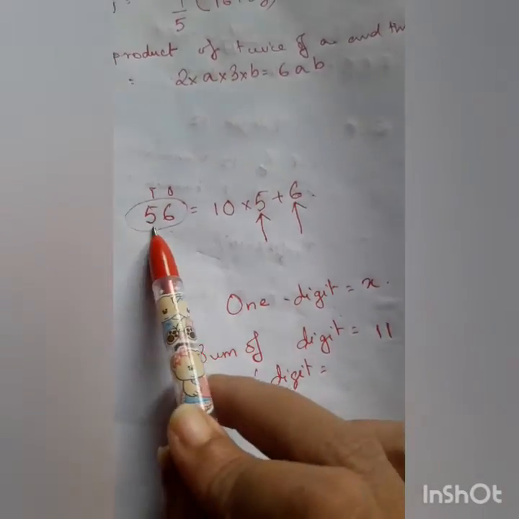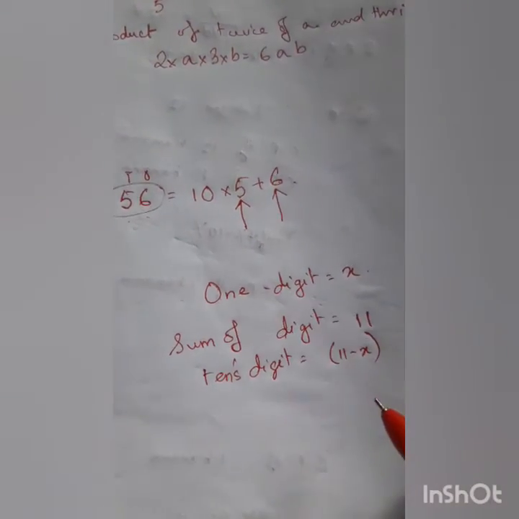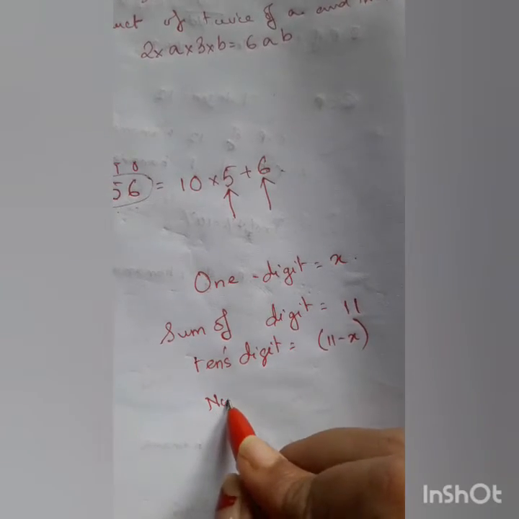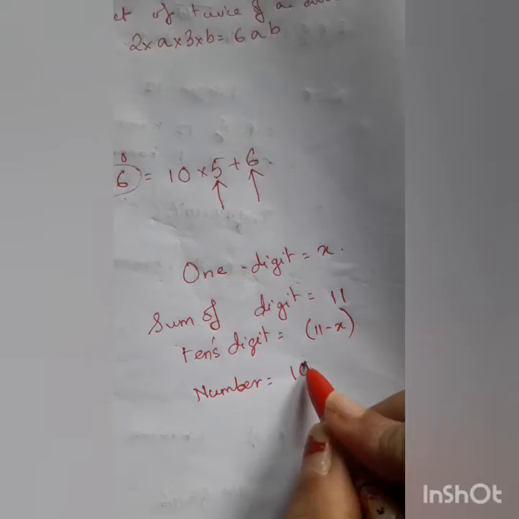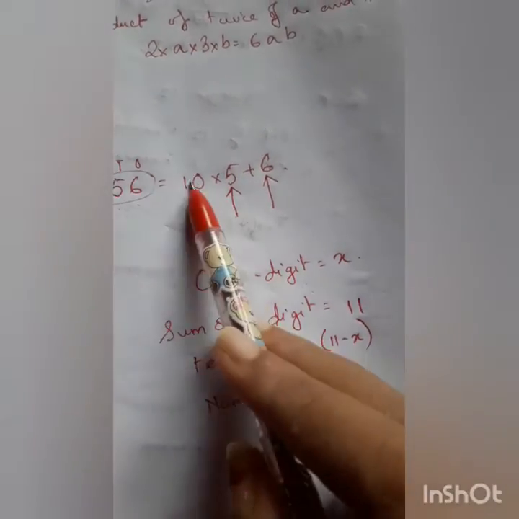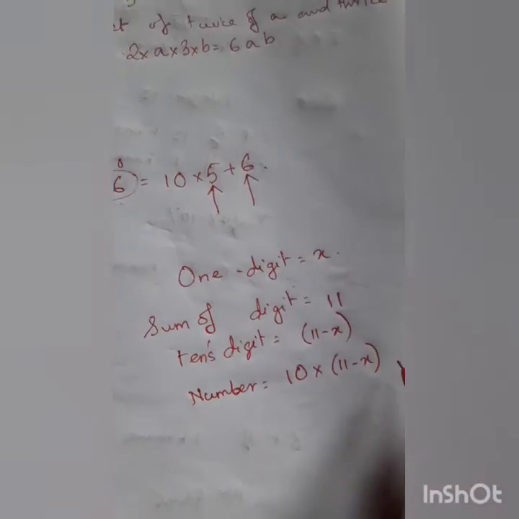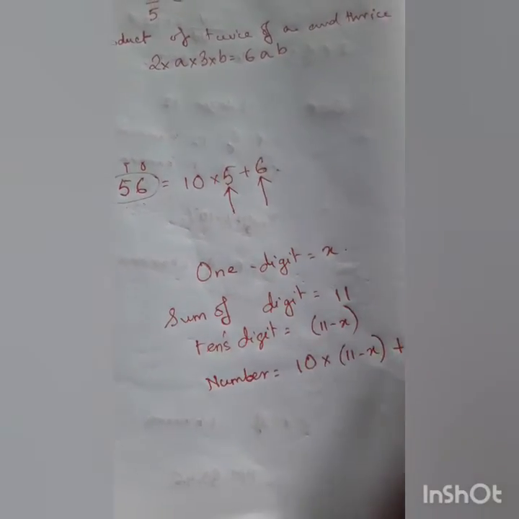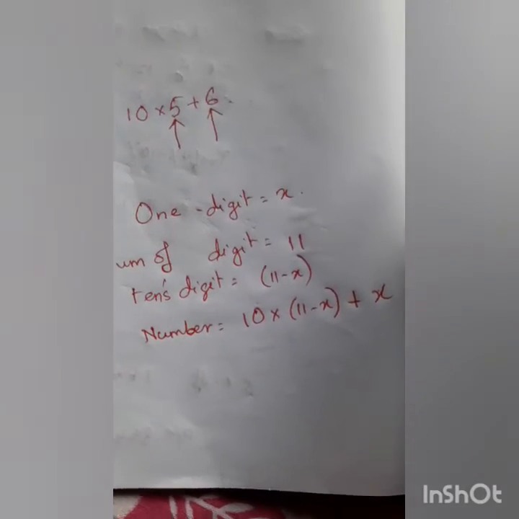Since sum of the digits is 11, if this is x, this will be 11 minus x. Alright. So the number will be 10 into tens digit. See, 10 into tens digit. So 10 into (11 minus x) plus ones digit. So what is the ones digit here? x. So this is how I will write a number.